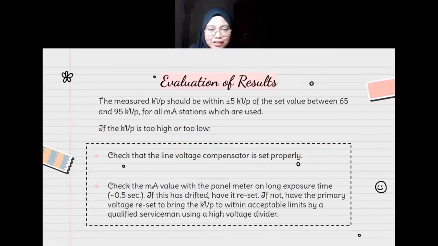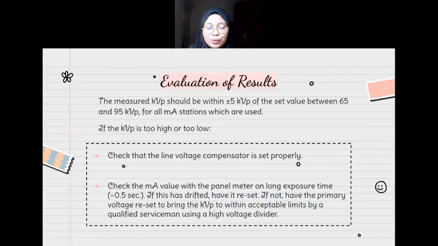By doing all the methods for the quality control of tube potential, we will get the evaluation of the result. The measured kVp should be within plus minus 5 kVp of the set value between 65 and 95 kVp for all mA stations which are used. If the kVp is too high or too low, check that the line voltage compensator is set properly.